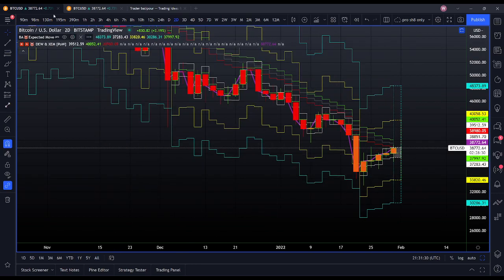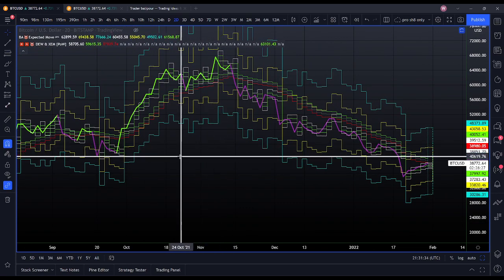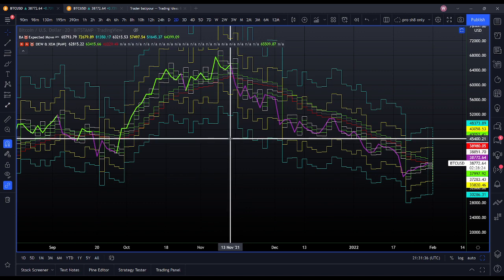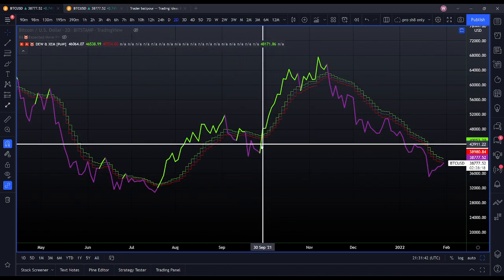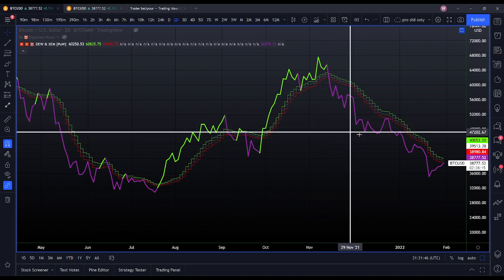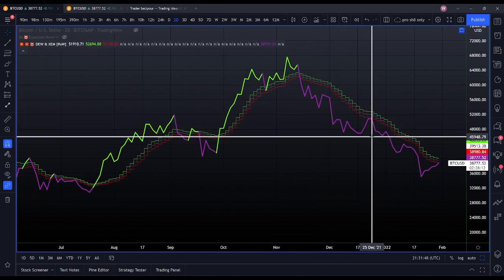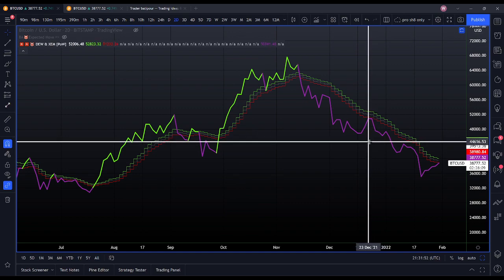So this XEM has been negative on the 2-day since the 13th of November. So just kind of saying that Bitcoin, you're not looking for as many positive returns here. You would probably be looking to sell, actually, when you see that negative XEM there.